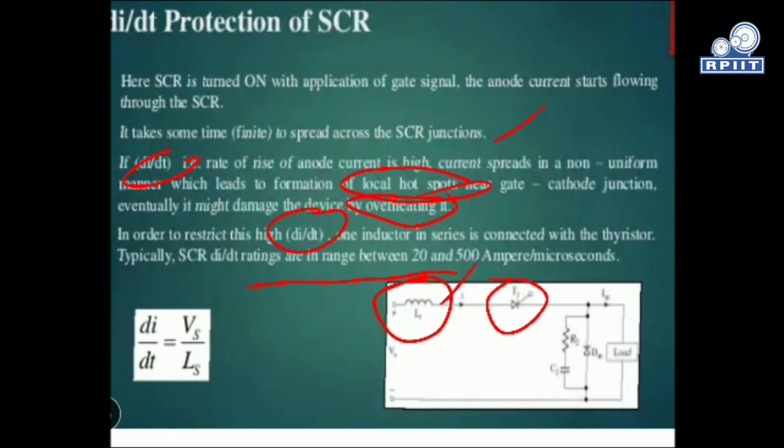That is the limit for the SCR to work in the safe zone. So this is our change in current, that is Vs over Ls. The current flows through this Ls, which gives our di over dt. So this is our di over dt protection.